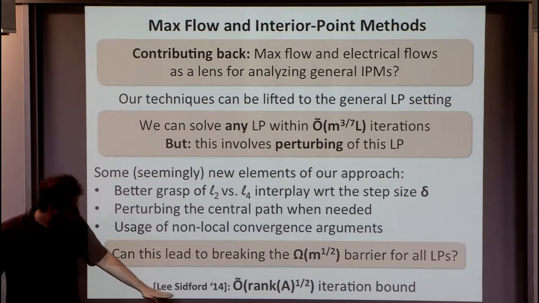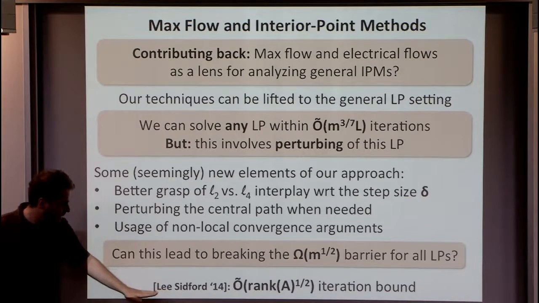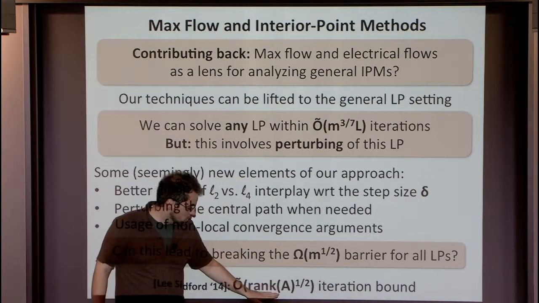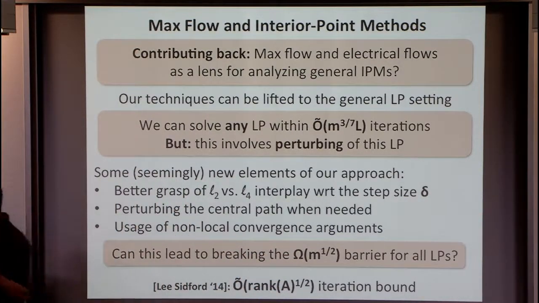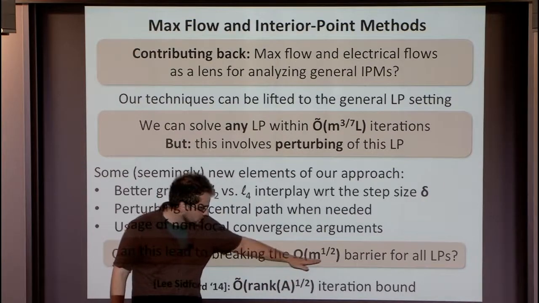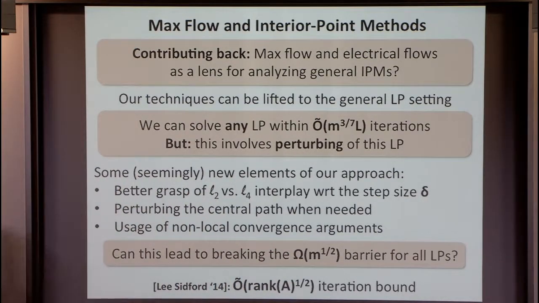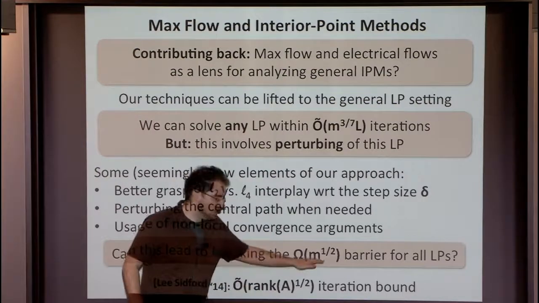And actually, there is a very exciting recent work by Sidford and coauthors, who are here at Simons, who also use some of the ideas from here, but also other very interesting ideas. Essentially, they get a very important improvement over this bound. They get an iteration bound which is the rank of the constraint matrix to the 1/2. The rank is always at most m, but sometimes it's smaller.